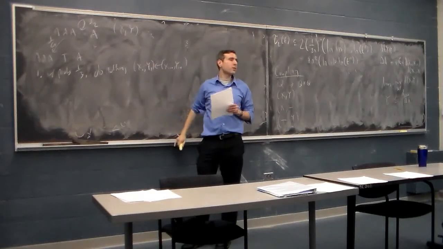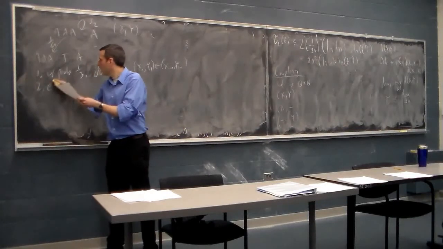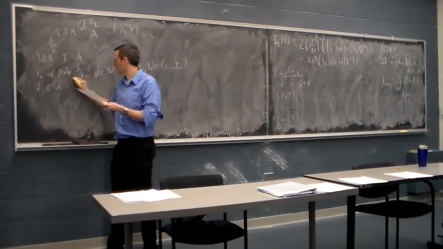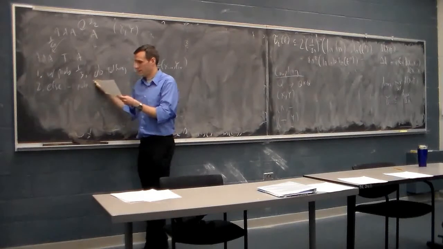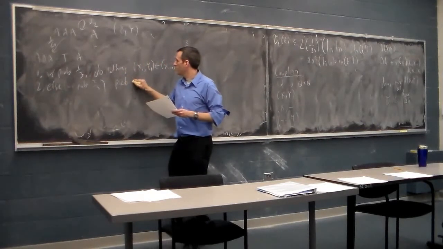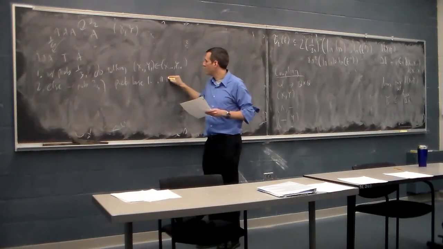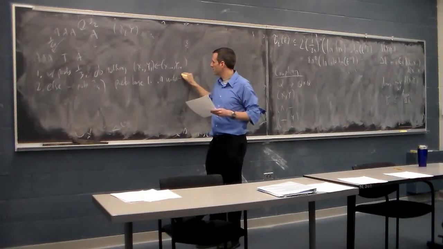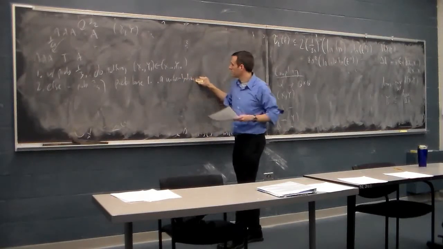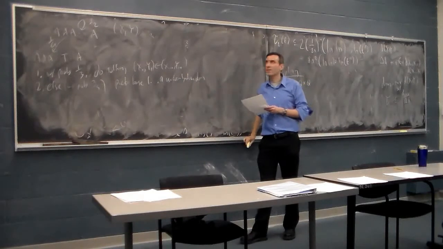Next states are equal to the previous state. Otherwise, with probability 2/3, pick a base 1 to n uniformly at random. So with probability 1 over n, pick any of the n bases in the sequences.